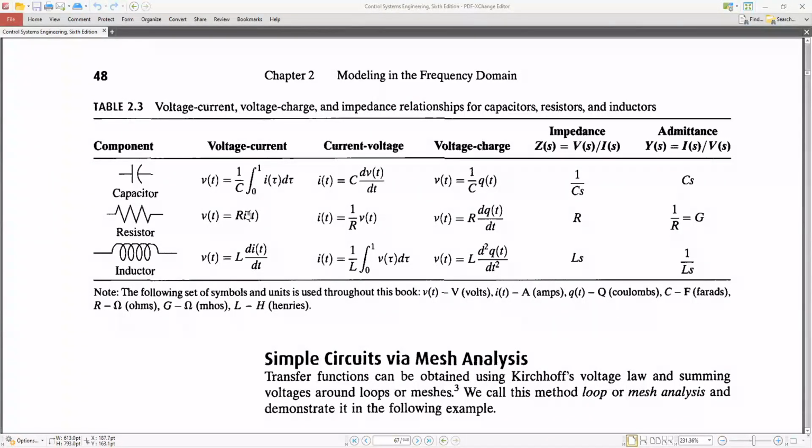You have to use these equations in circuit solution. When you solve the circuit, then you need these equations. So this table is very important.